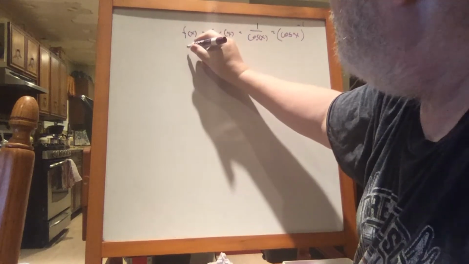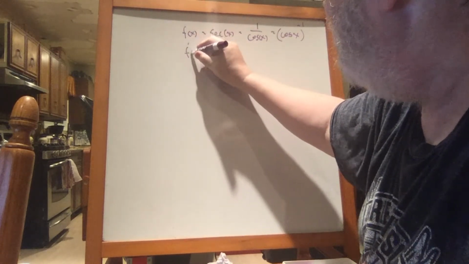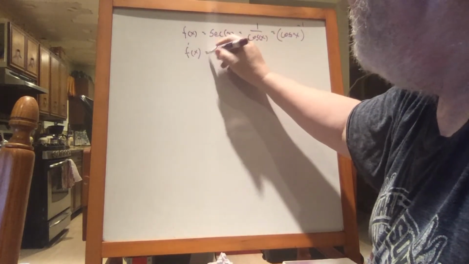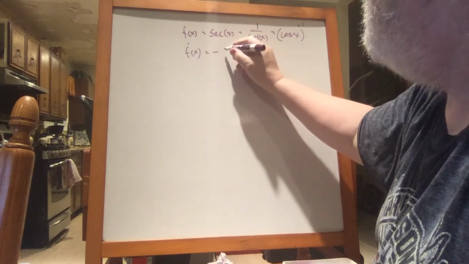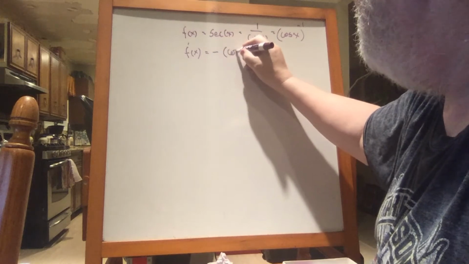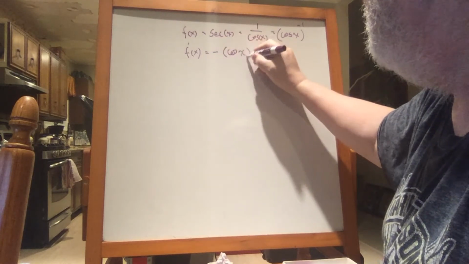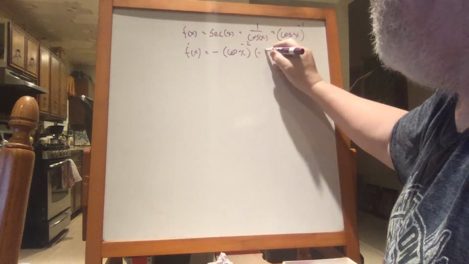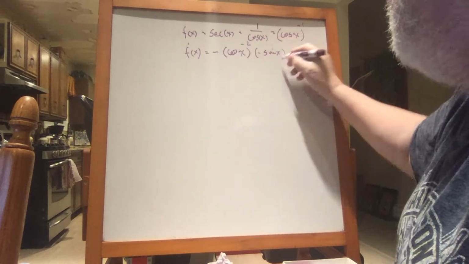So when you take the derivative, f prime of x, we use the power law, is equal to minus cosine of x to the negative 2 times negative sine of x.